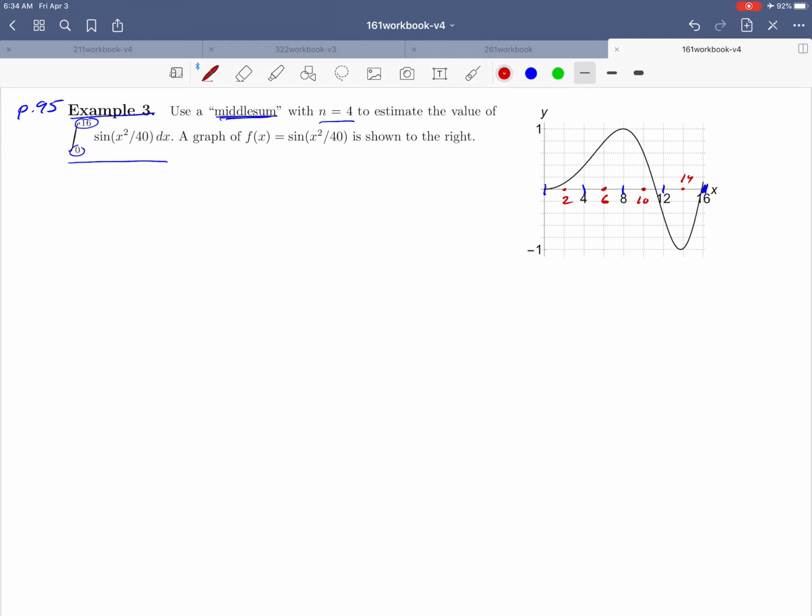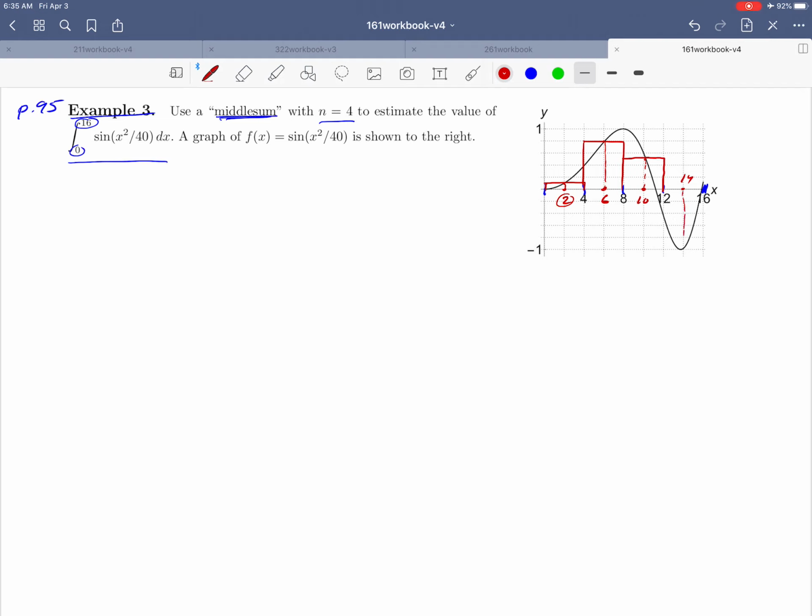We're going to use those middle points as the basis for the rectangle that we draw. For example, at 2, we're going to go up until we hit the curve, and we're going to use that middle point function value as the height of our first rectangle. We'll do the same at 6, go up until we hit our curve, and use that number as our height. We're going to keep doing that, using our middle points as the place where our rectangle hits the curve.